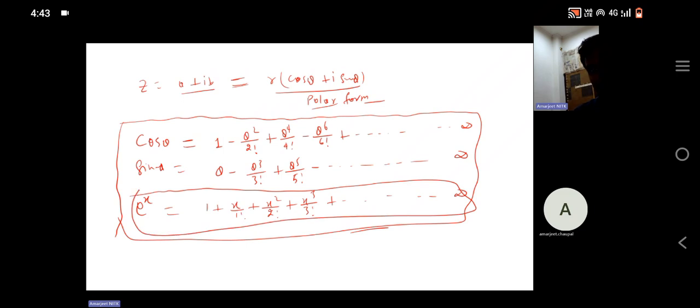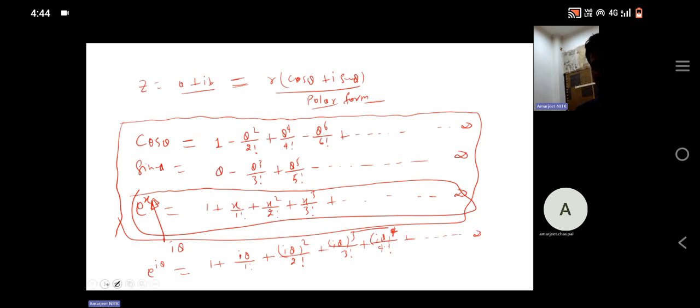What you do, you just replace x by i theta in this formula. So what you got? e to the power i theta equals 1 plus i theta upon 1 factorial plus (i theta) square upon 2 factorial plus (i theta) cube upon 3 factorial plus (i theta) 4 upon 4 factorial like this up to infinity.